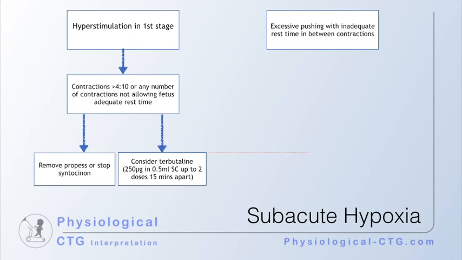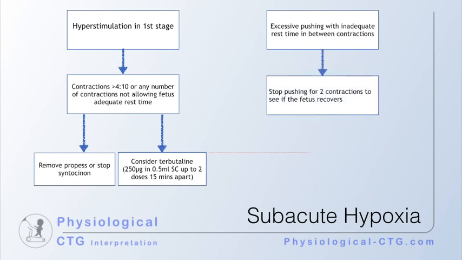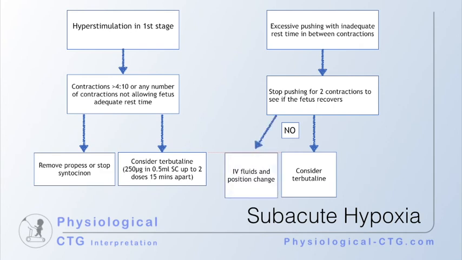Where subacute hypoxia is due to excessive pushing with inadequate rest time in between contractions in the second stage, we can ask the patient to stop pushing for 2 contractions to see if the fetus recovers. If there is no sign of recovery, at this point we consider terbutaline. We could also consider IV fluids and a position change.